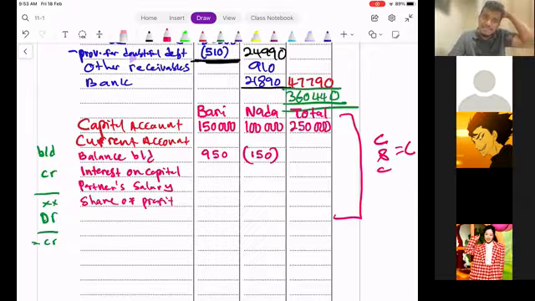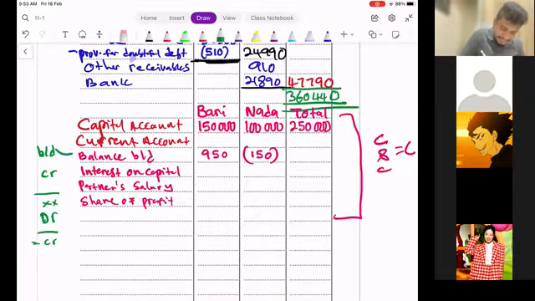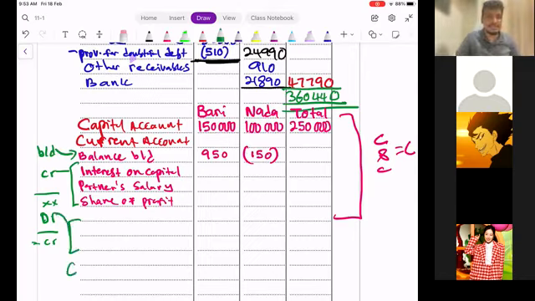This is the balance b/d here. This is the credit item. And then you have a debit item. Then you'll get a balance c/d.